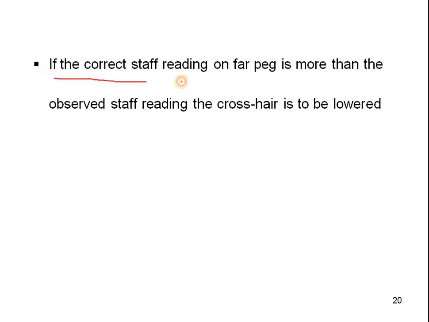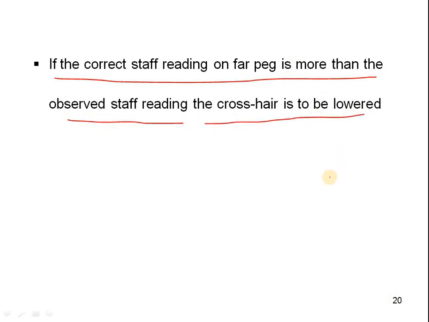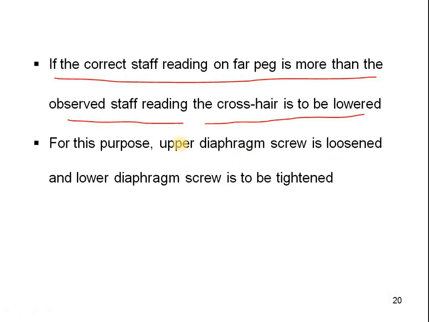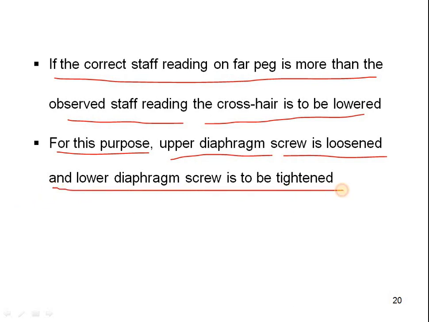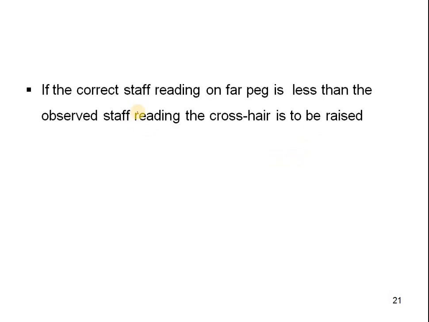If the correct staff reading on far peg is more than the observed staff reading, the crosshair is to be lowered. For this purpose, the upper diaphragm screw is loosened and the lower diaphragm screw is tightened.